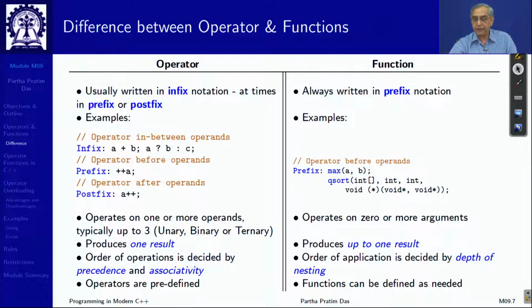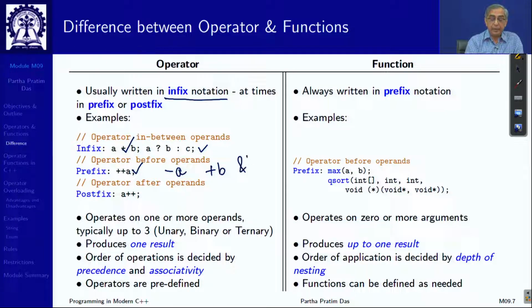All three forms are possible in operators, though infix notation is the most commonly used. So, this is an infix notation, this is an infix notation, whereas ++A is prefix notation, -A is prefix notation, +B is prefix notation, and so on. Similarly, you have A++, which is a postfix notation.